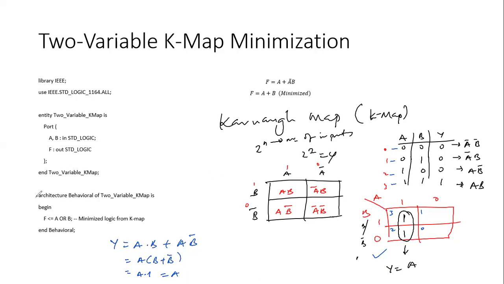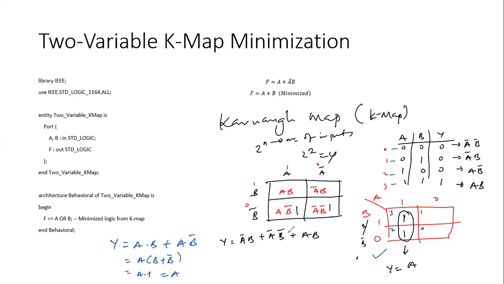Now, let us look at one more example. Let's assume we want to play with Y is the same as A bar B plus A bar B bar plus AB. So A bar B, this is 1. Then A bar B bar, this is also 1. I hope I'm plotting the right thing.